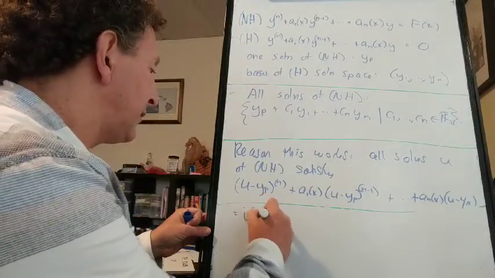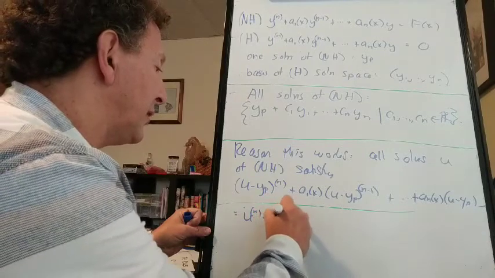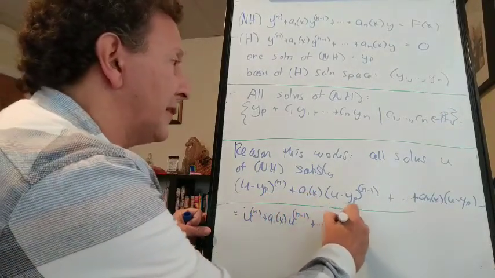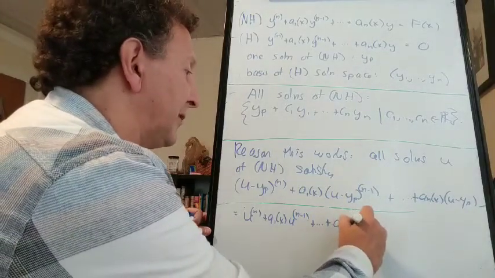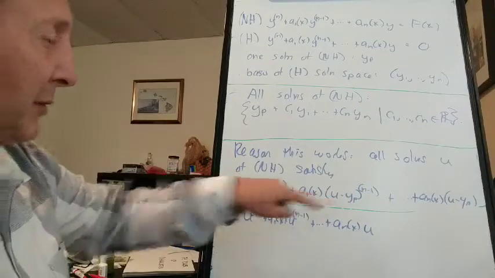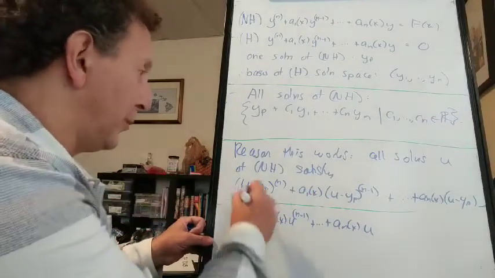So nth derivative of u plus a1 of x n minus first derivative of u, etc., up to a n of x u. And then I've got yp plugged in with a minus sign.